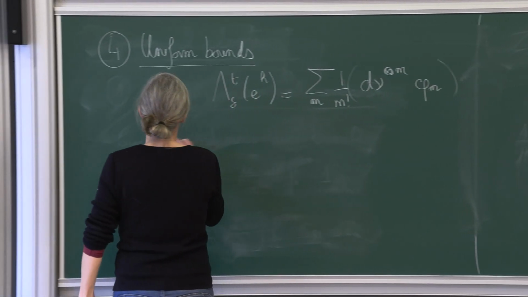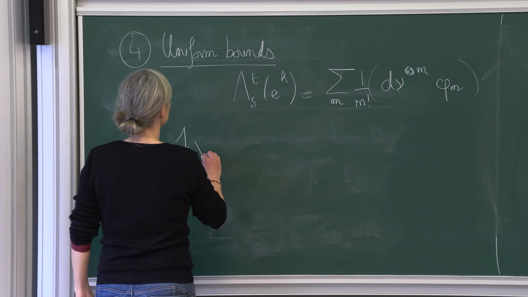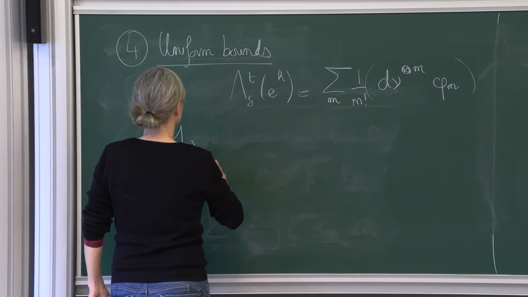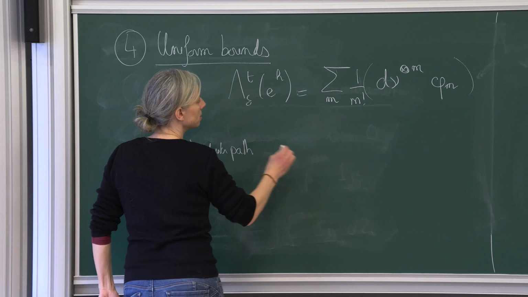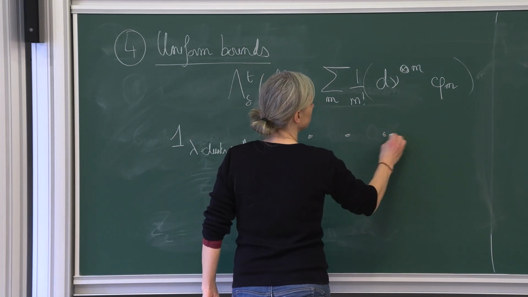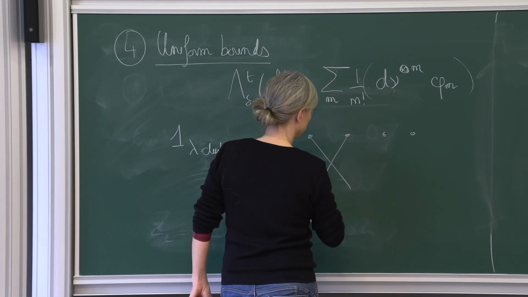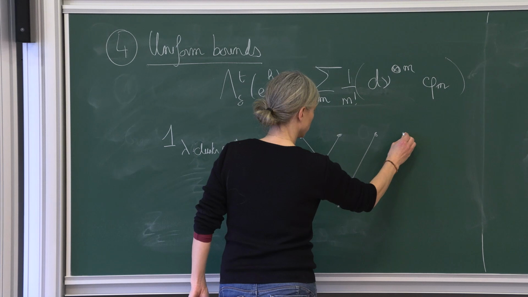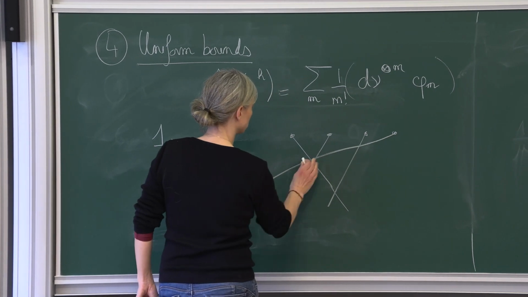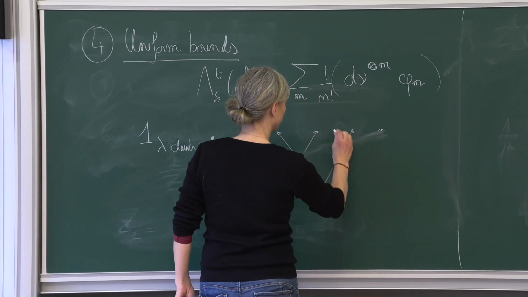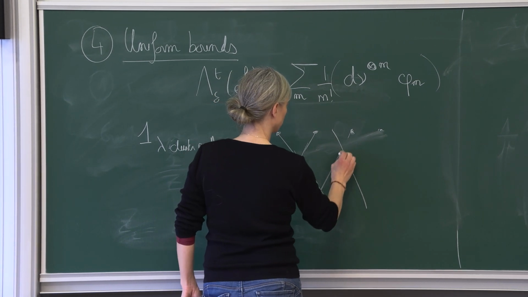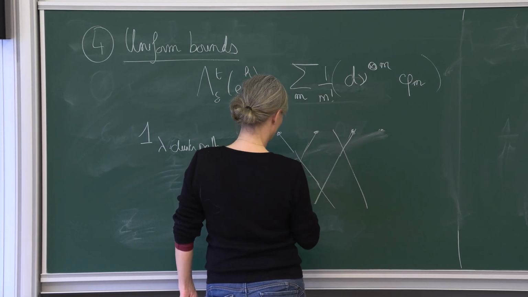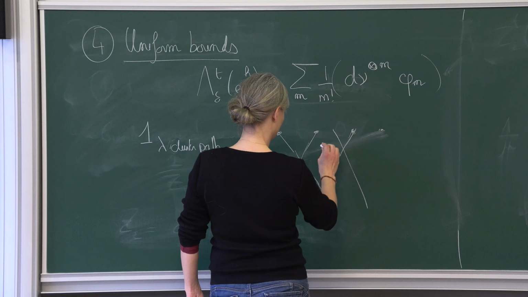Recall that we have this indicator function that lambda is a cluster path. What it means is that you have a picture like this, with some collisions, and maybe I should have at least one recollision.